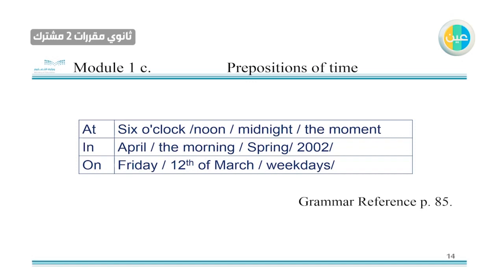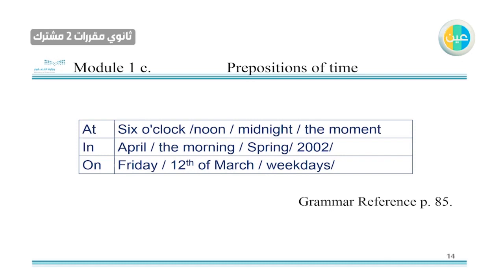Now, the most used ones are the 3 that you see in front of you. For example, at: you have time here, like a clock, 6 o'clock, and you have noon, midnight, or at the moment. Number 2, when you have a month or season, or time of the day or year, you have in, for example, in spring, in the morning, in April, in 2002, and so on.